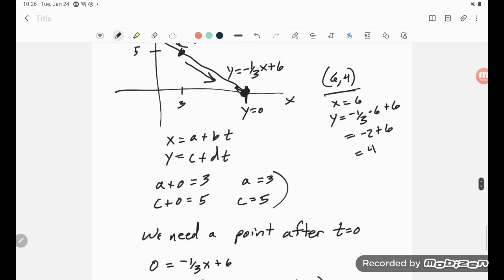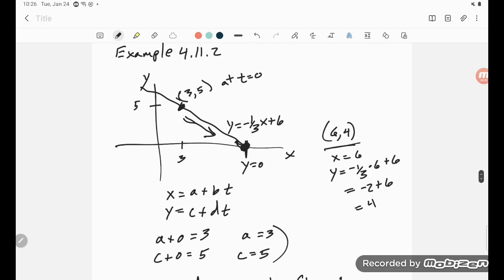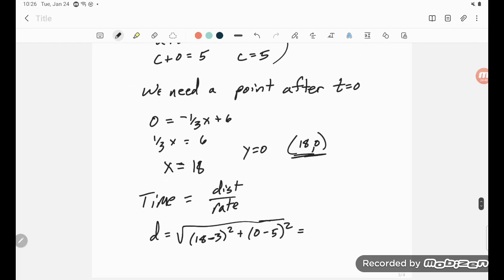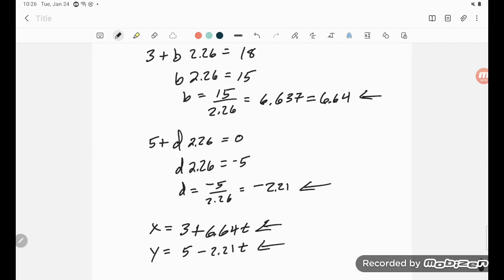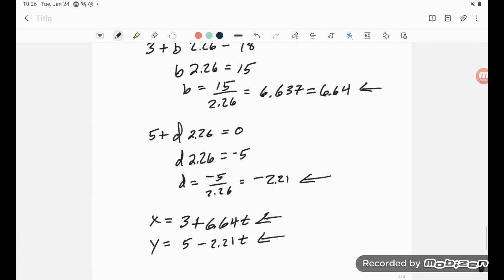And when we look at our original picture, yep, that's what happens. So that's another way to check your work, is that as we're moving in this direction, x is getting bigger and y is getting smaller. All right, so there is section 4.11.